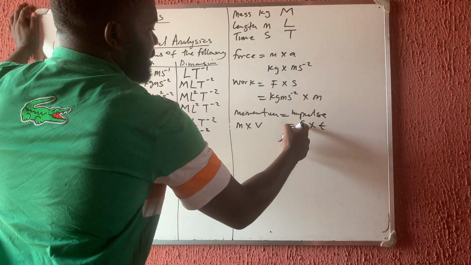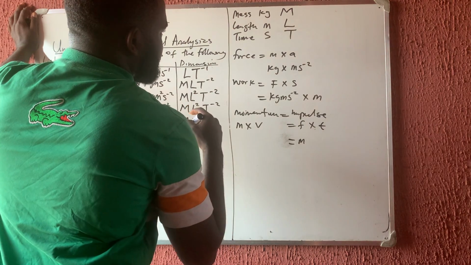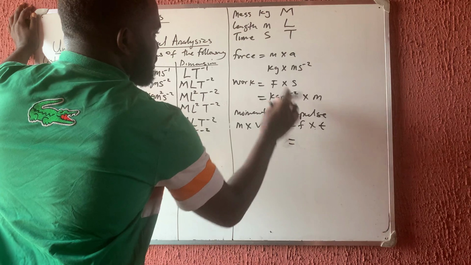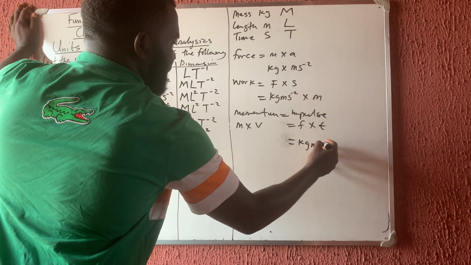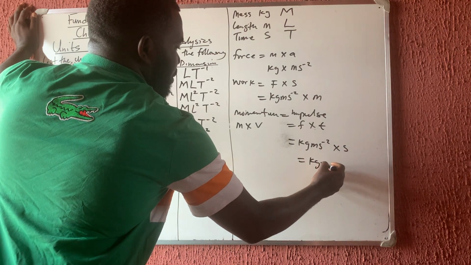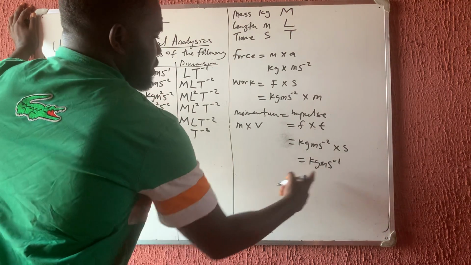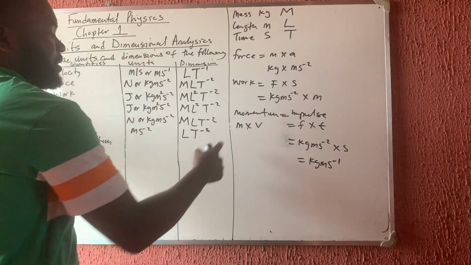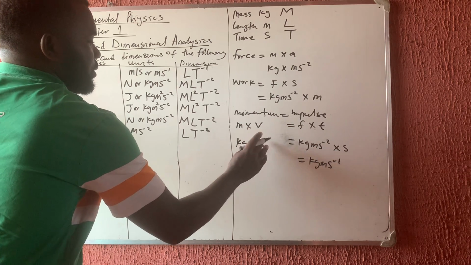Now we have gotten force, which is kilogram meter per second square, then times another second, which will give you kg m s, with the power 2 minus 1 giving you minus 1. Okay, so this is that. Now let's check here if it's the same thing. Mass is kg, then velocity is measured in meter per second.